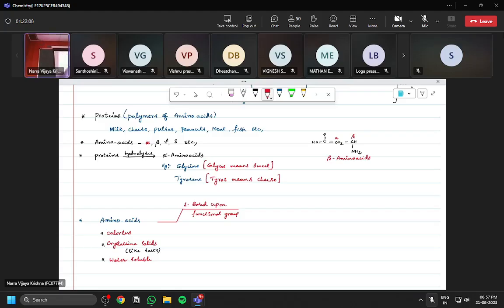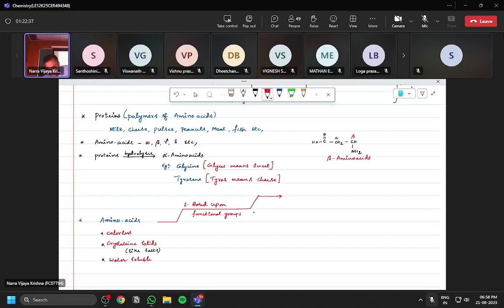See this: if you have one carboxylic acid and one NH2 group, one carboxylic acid means acidic, one NH2 means basic, so overall it becomes neutral. If you have an extra carboxylic acid group, then it is acidic. One extra NH2 group, basic. Both equal in number, neutral, right?